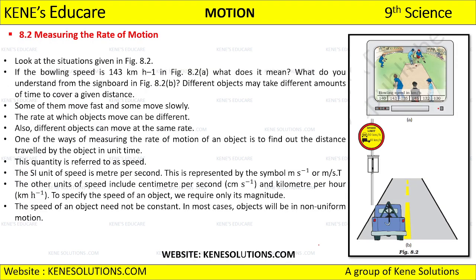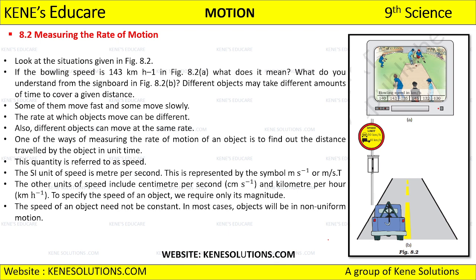After this activity, now we have to discuss how we can measure the rate of motion. So look at the situations given in figure 8.2. Now can you see the bowling speed in kilometer per hour that has been indicated as 140, 143, 135, 145, right?